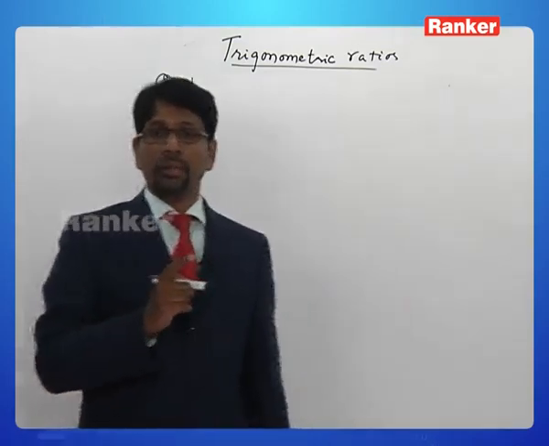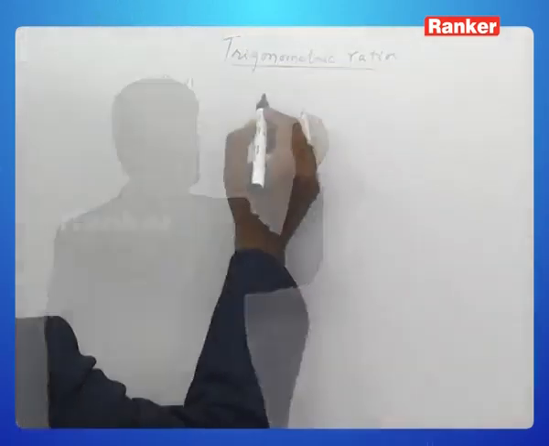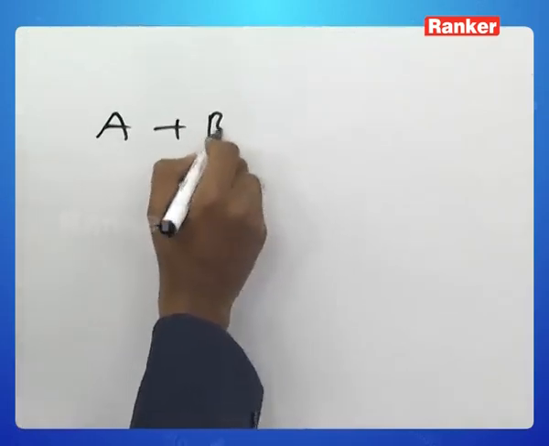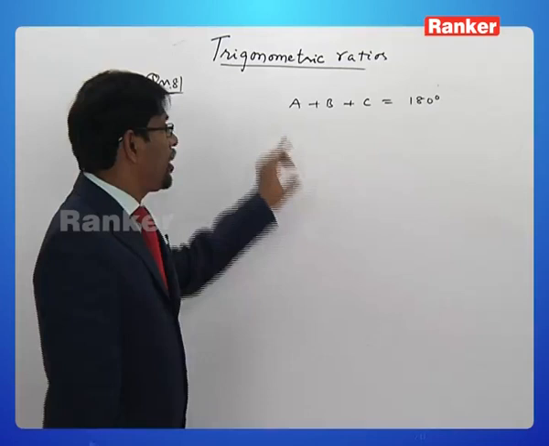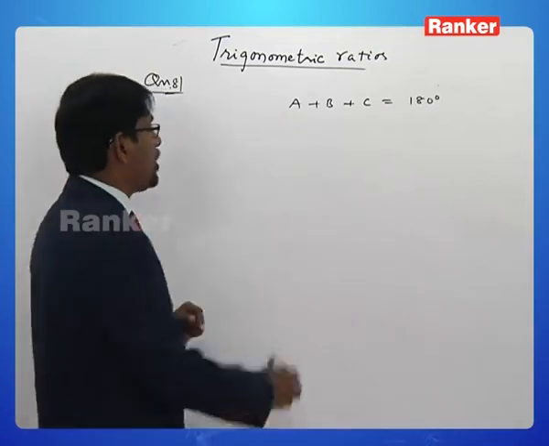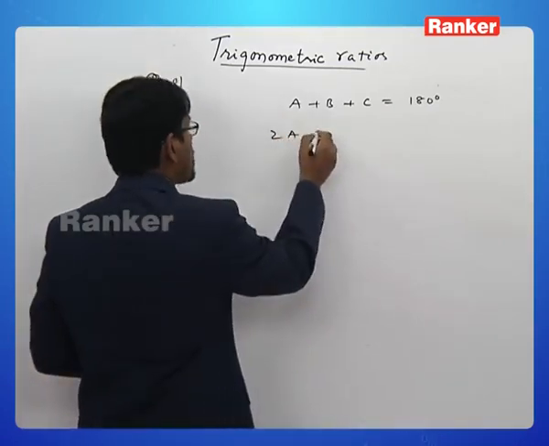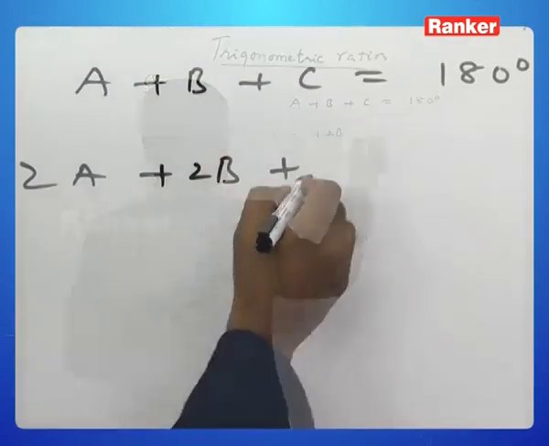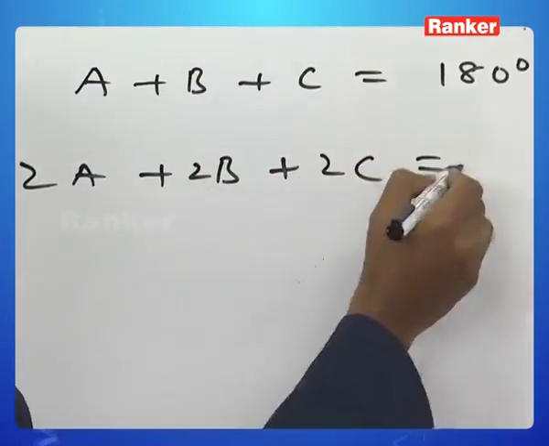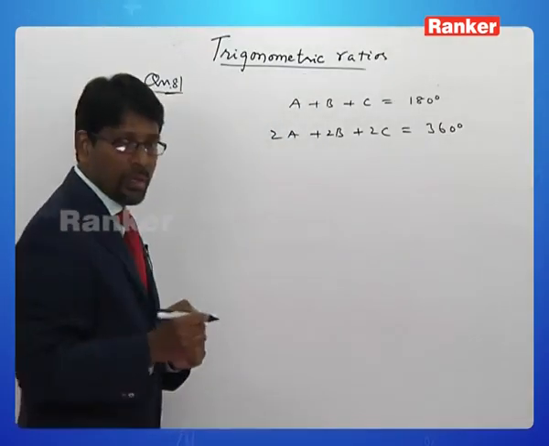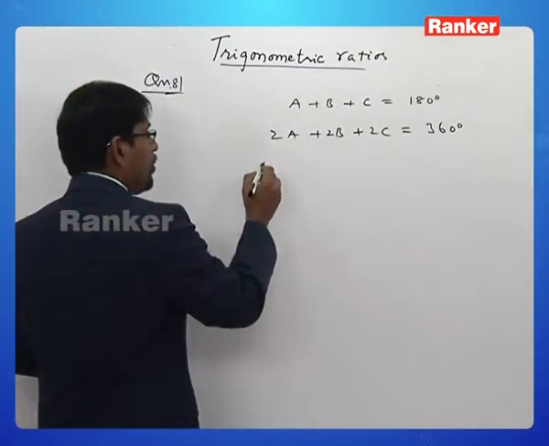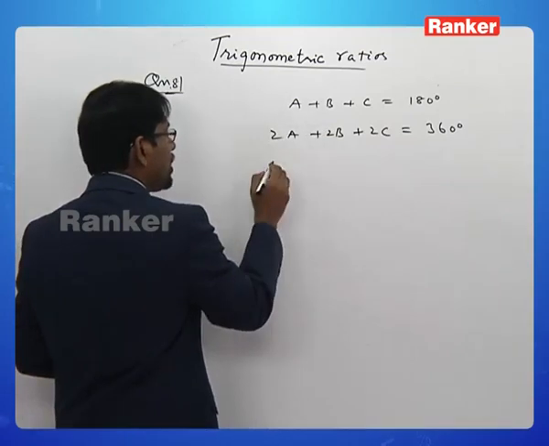So here what we do is we make use of the fact that A plus B plus C is 180. A plus B plus C is 180, so 2A plus 2B plus 2C will be equal to 360. We will add and subtract A here.